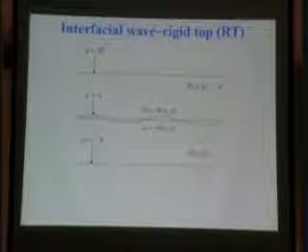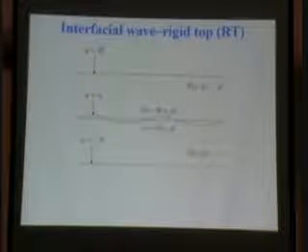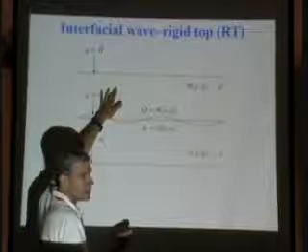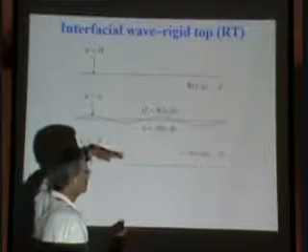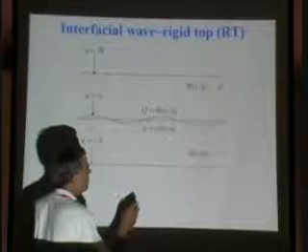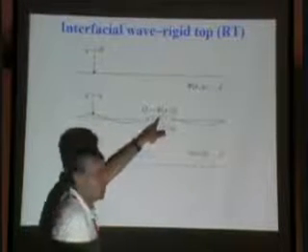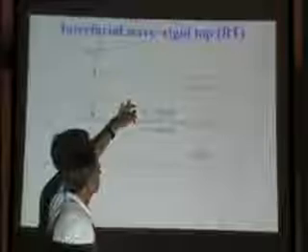Well, let me mention a few words about interfacial waves and what we can do there. Well, here's a wave. Density 1, density 2. There's a velocity potential down here, there's a velocity potential down there. There's a velocity potential from the bottom, there's a velocity potential from the top.